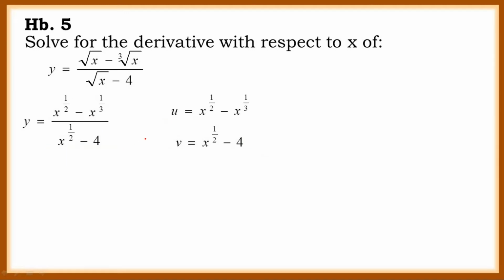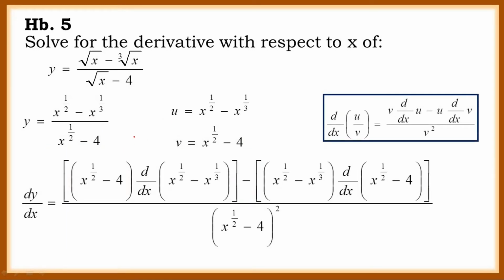After doing that, quotient rule, we get our denominator low times derivative of our high minus high times derivative of our low. And this is equal all over the square of our denominator.